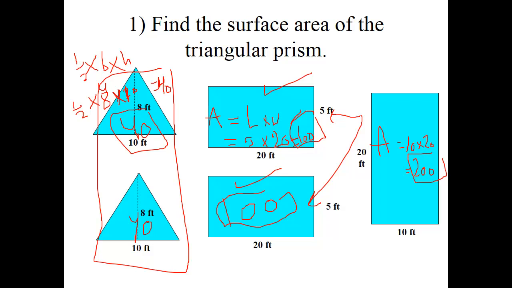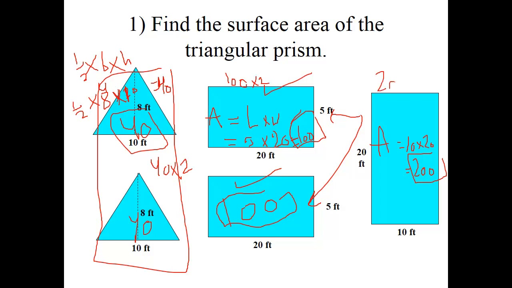And the area of each triangle is 40 and 40. So here the area of the two triangles is 40 times 2, and 100 times 2 for the rectangles, and the last one is 200.